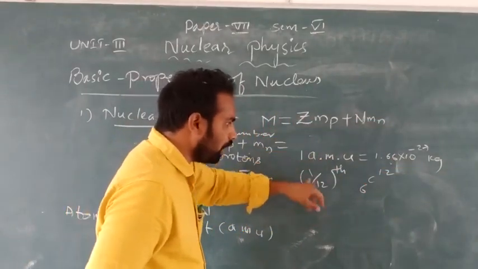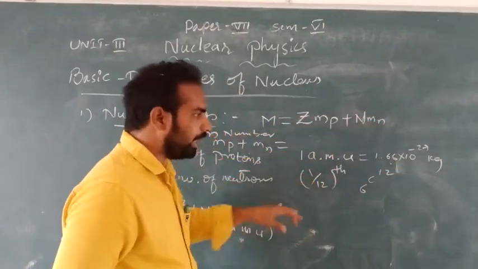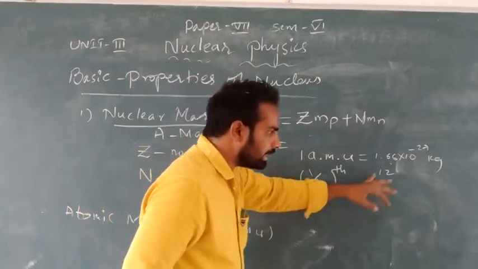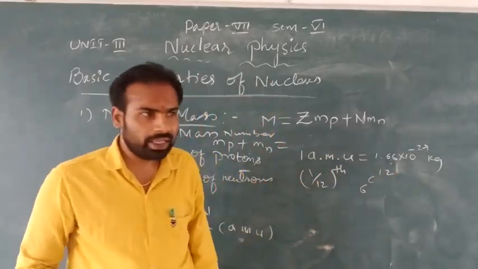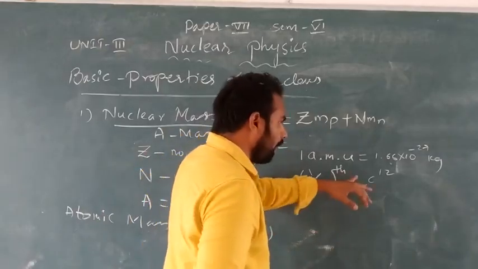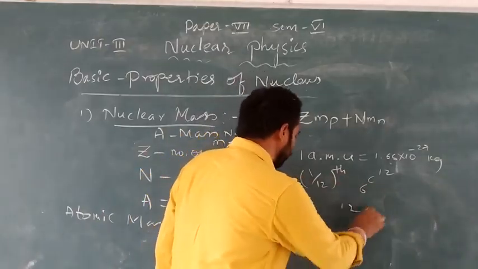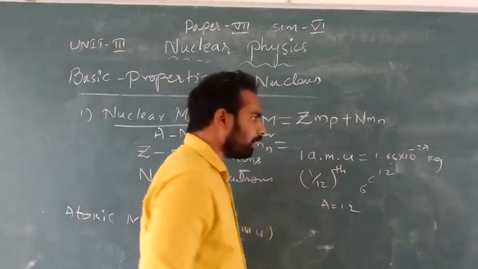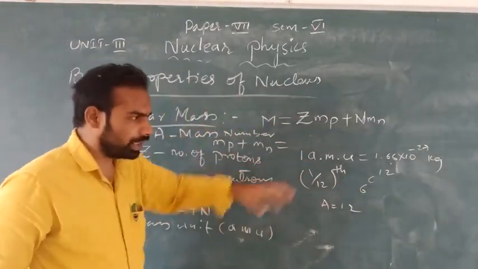This is equal to 1/12 the mass of a carbon-12 atom. Here the mass number of the carbon atom is 12, A equals 12.